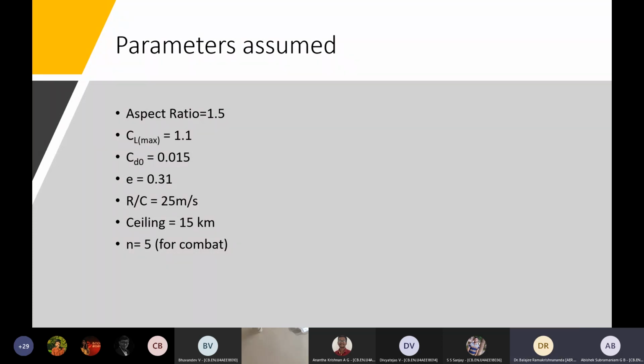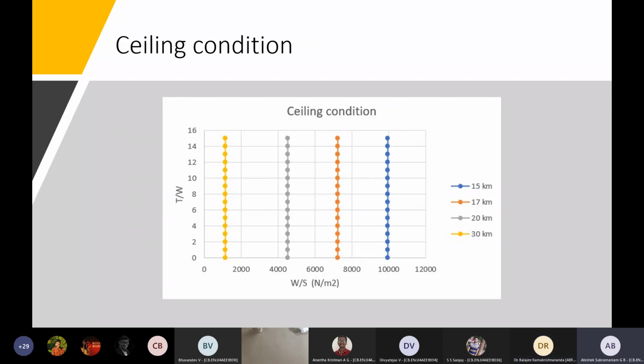Rate of climb is 25 meters per second. Our cruise ceiling was 15 kilometers, and this is the initial assumption we took for the cruise ceiling, and n is 5. As you can see, we varied our ceiling altitude and got the ceiling condition for wing loading. And what velocity did you take for this? What ceiling velocity did you assume? It should be different from here.